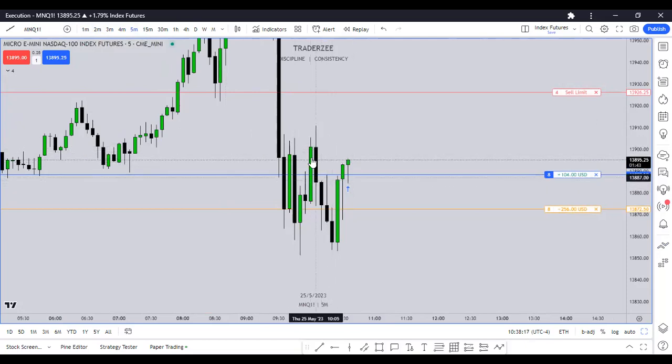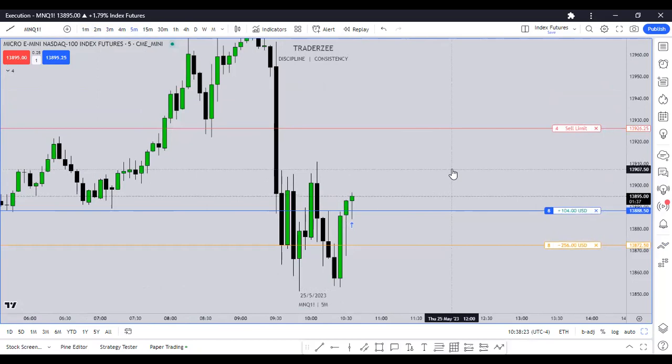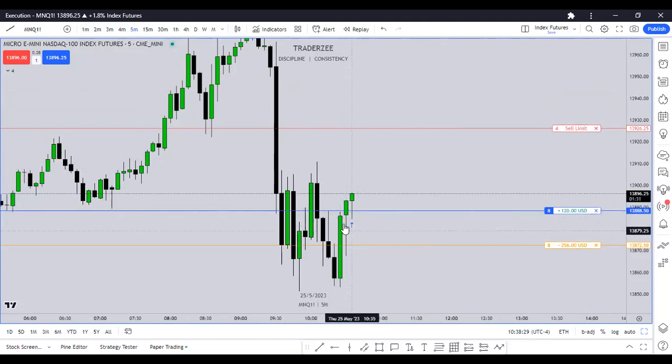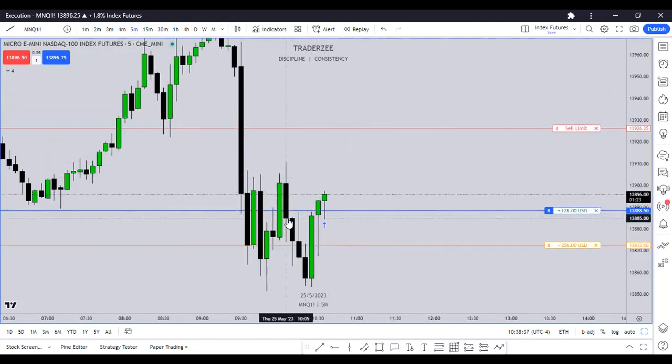Now, once it breaks this high, I don't want it to come back below this low. Why? Because we have a bullish breaker, and the mean threshold lines up with it.